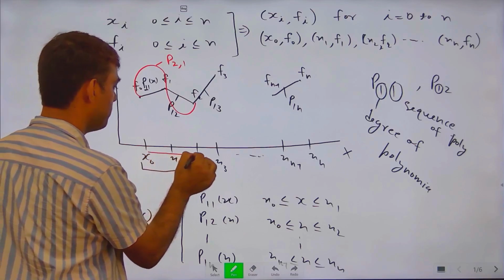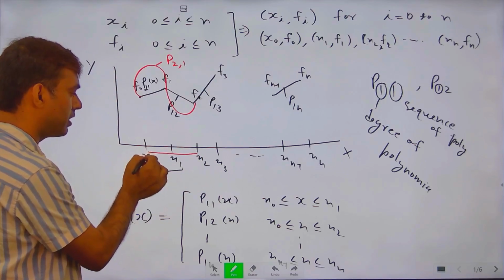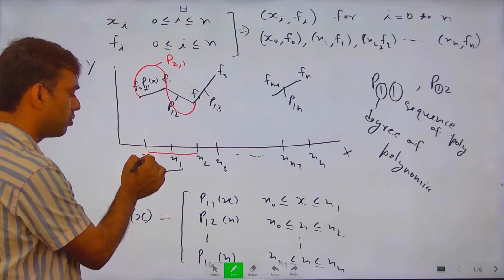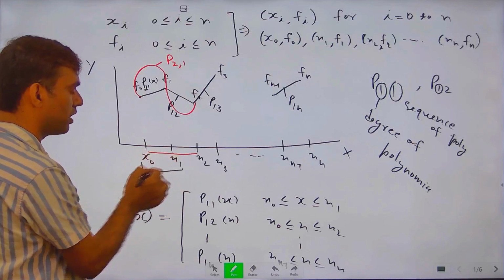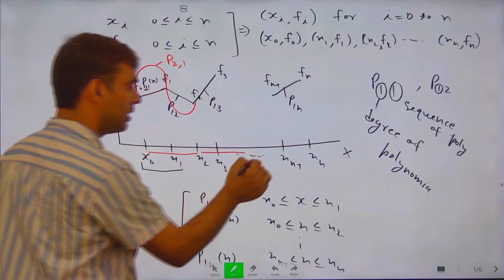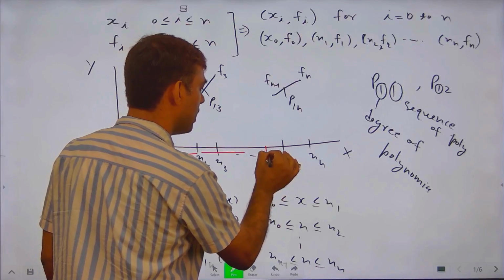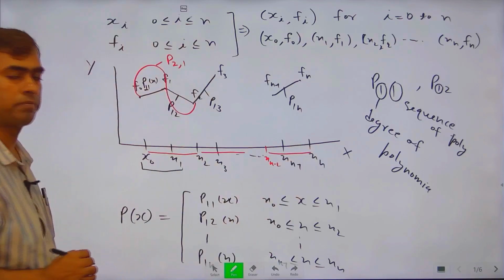Meaning if we take three data, three nodal points, we fit a quadratic polynomial among the three nodal points x0, x1, x2, then x2, x3, x4, and here xn minus 2, xn minus 1 and xn.